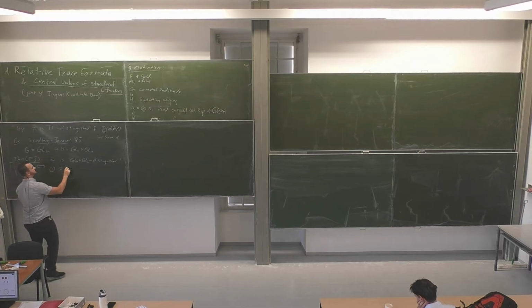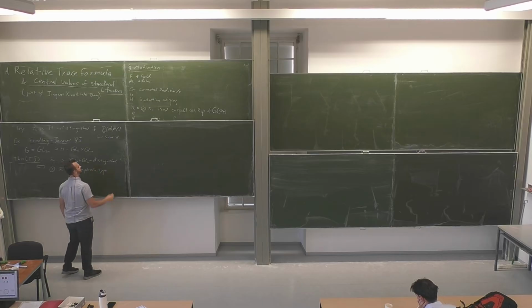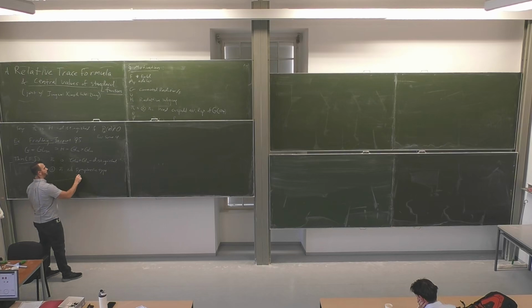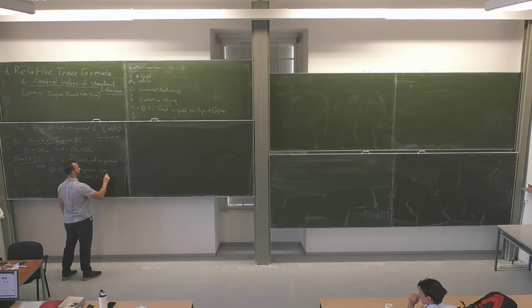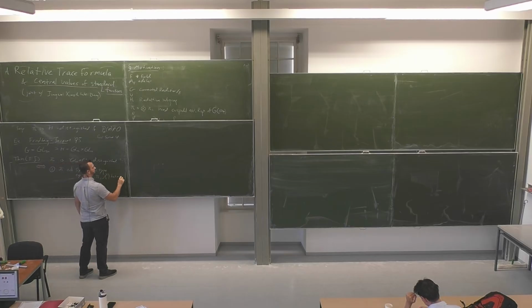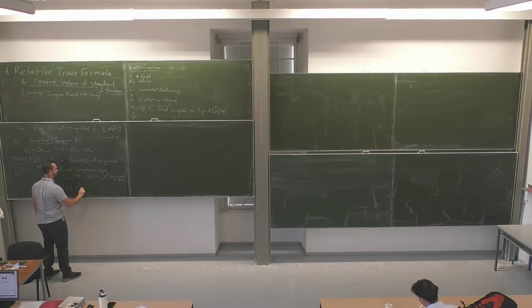One, pi is of symplectic type, which has shown up many times already, and just to recall, means that pi can be functorially lifted from some odd orthogonal group, and that can be encoded by saying that your exterior square L function has a pole at s equals 1. And a second condition, which is more subtle, that the central L value of pi is non-zero. So this is what they were able to prove.